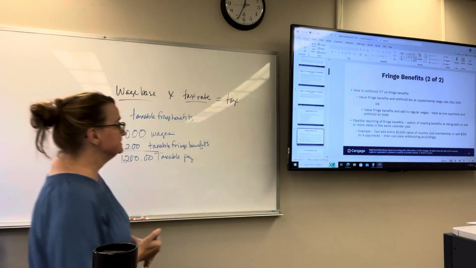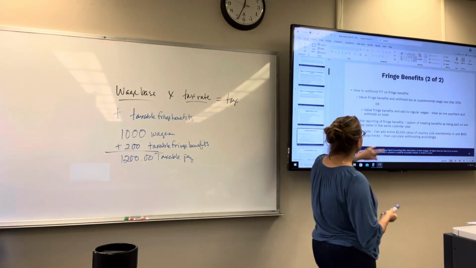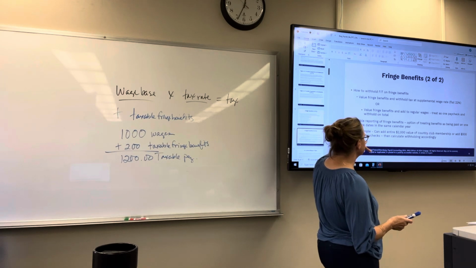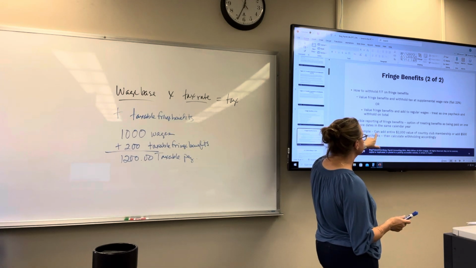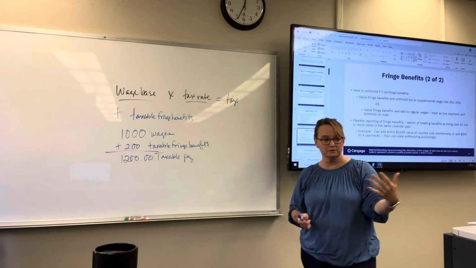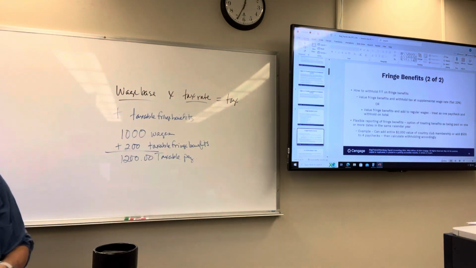Okay, so they have an example here of a flexible reporting option. You can treat the benefits as being paid on one or more dates in the same calendar year. So I've got an example here, a country club membership of $2,000, which would be taxable.